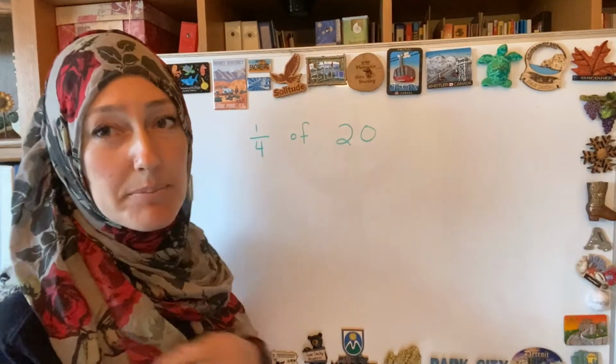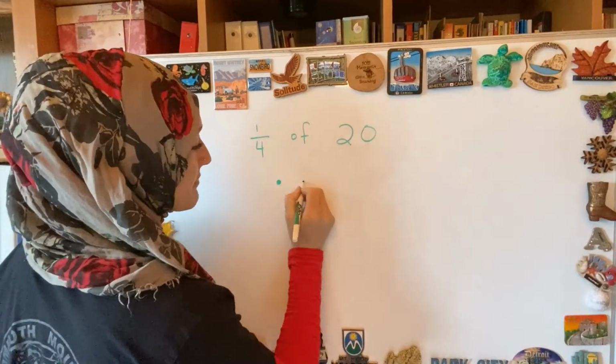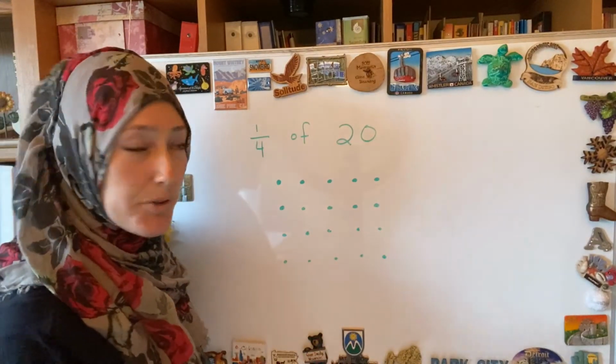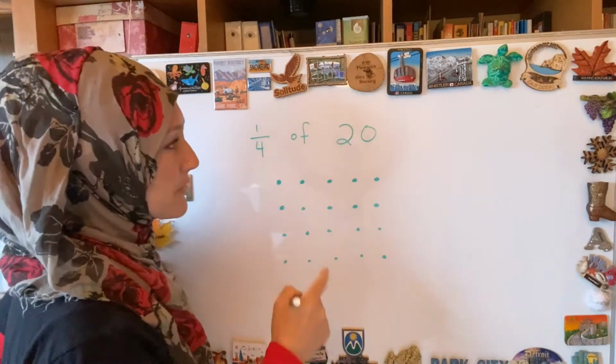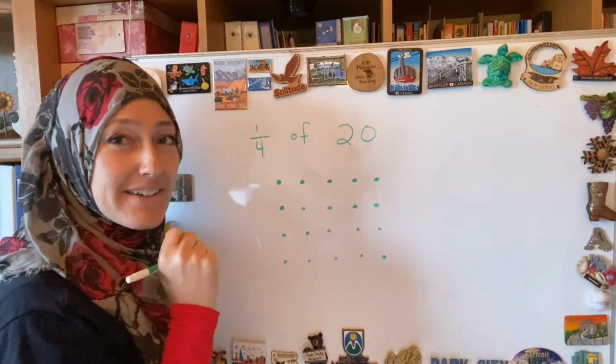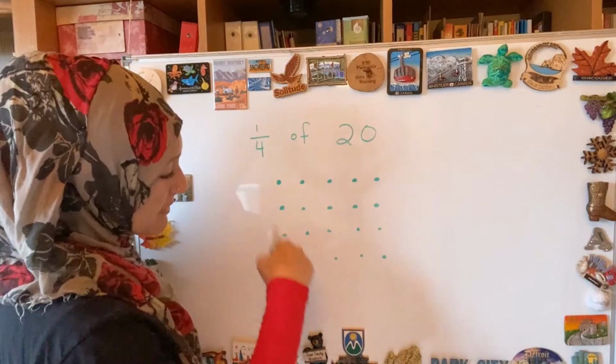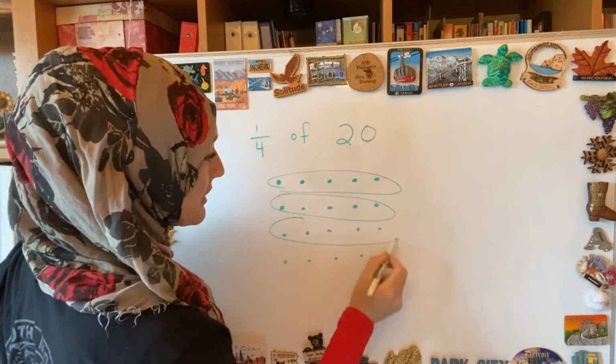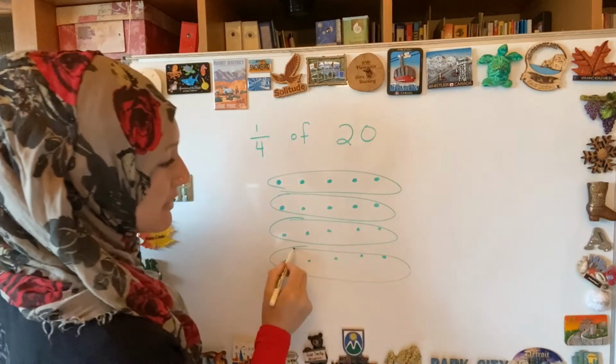1/4 of 20. Start by drawing your 20 items. And then divide it into 4 groups. The denominator tells us the number of groups, so 20 divided into 4 groups. So here's one group, 2, 3, and 4.